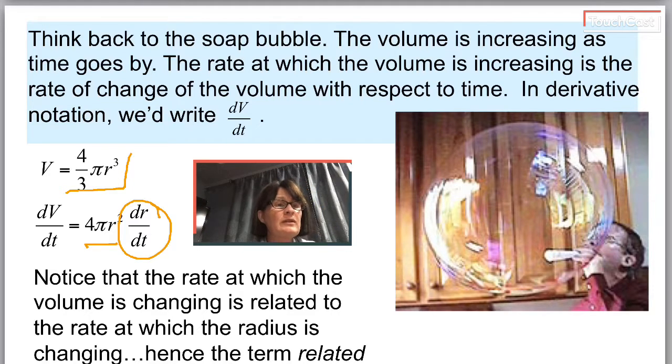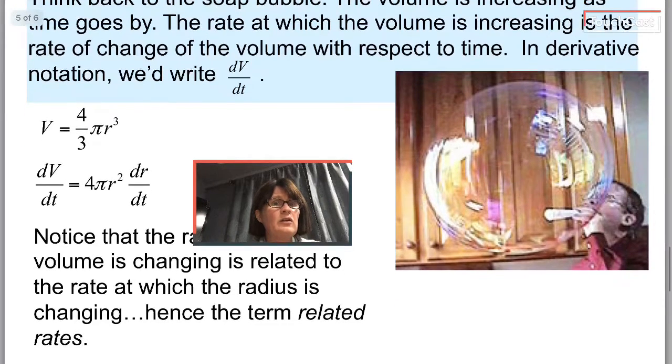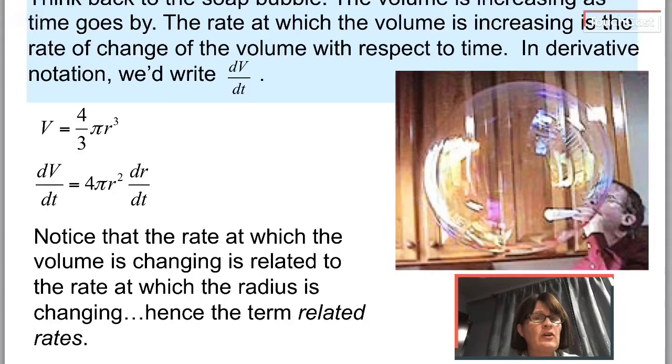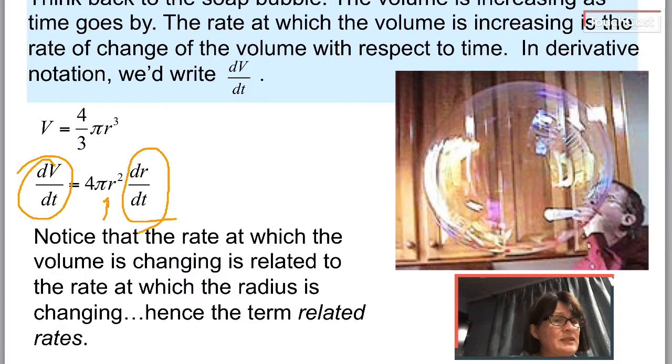Okay, so notice that this formula I have now for the rate of change of volume with respect to time, which is called dV/dt, has the radius in it, r, and also has dr/dt. Well, dr/dt means the rate at which the radius is changing with respect to time.